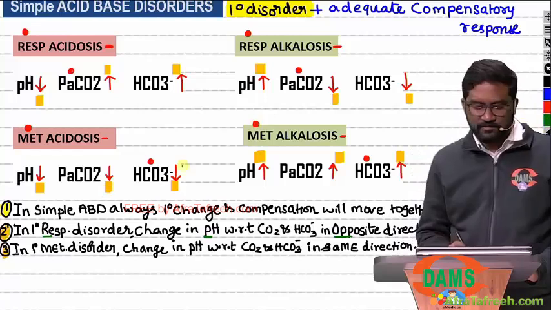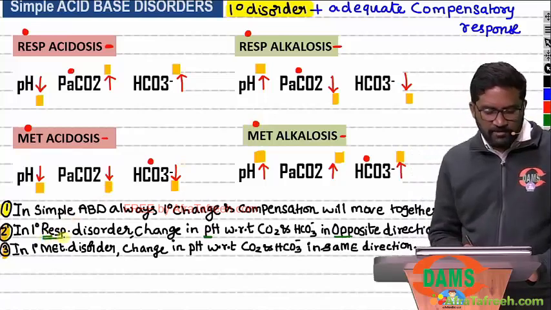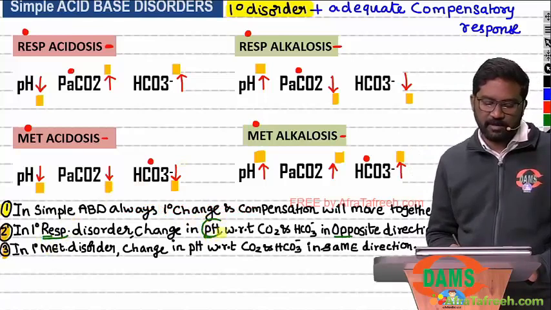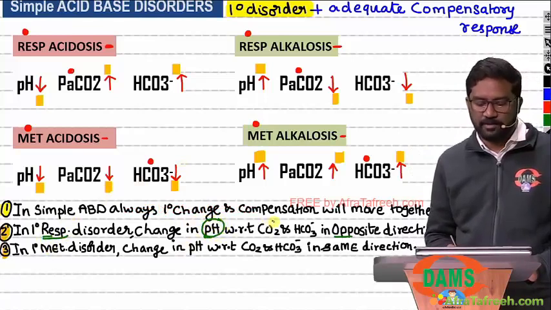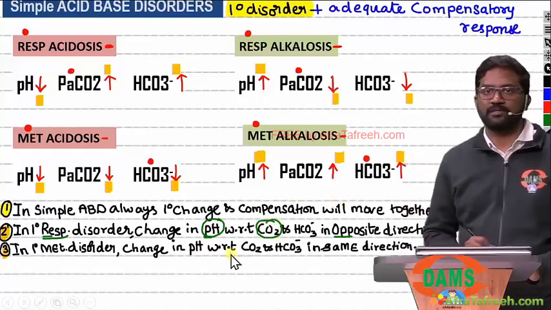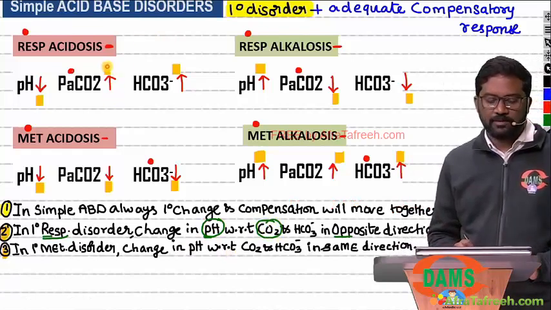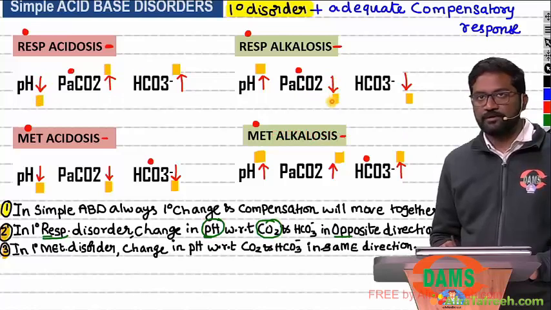You tell me, students, to call it a primary respiratory disorder, change in pH is primarily happening due to which parameter? CO2. How are pH and CO2 related? It is inverse. If CO2 increases, pH should decrease. If CO2 decreases, pH should increase.